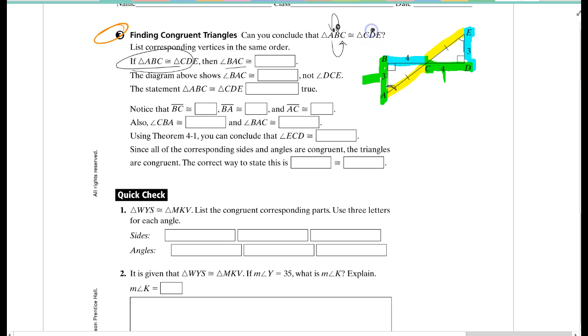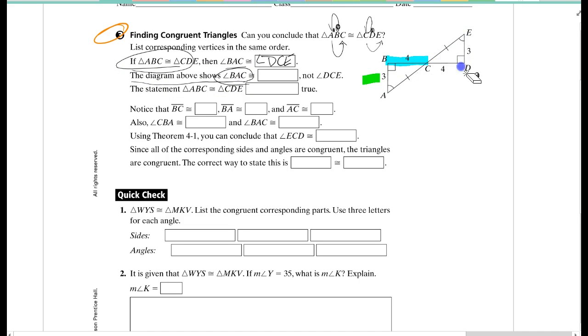I start with the middle letter, go to the first letter, then to the last letter. So I'm starting at D, going toward C, and then over to E. So that's actually this angle compared to this angle. So BAC congruent to DCE. Angle DCE.